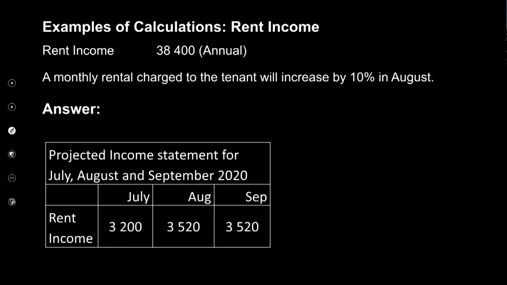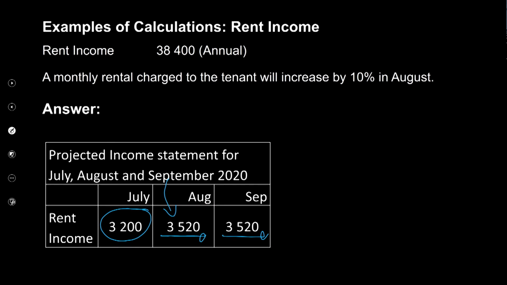If I go into my projected income statement, watch what happens here. July stays at 3,200 because there was no change anticipated in July. However, the 10% increase was to take place in August. Therefore, you notice the 3,520 is applicable to August, and the 3,520 is applicable to September.